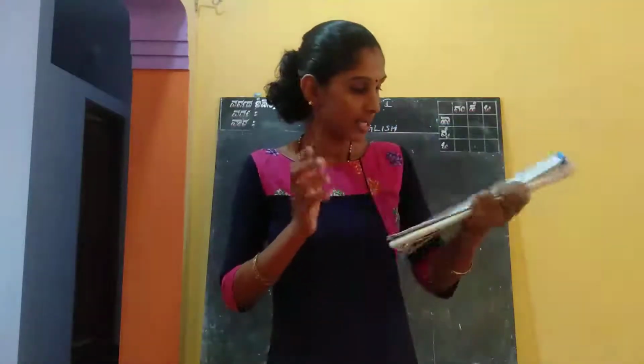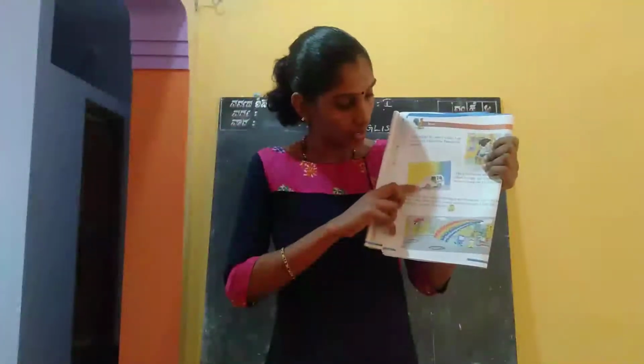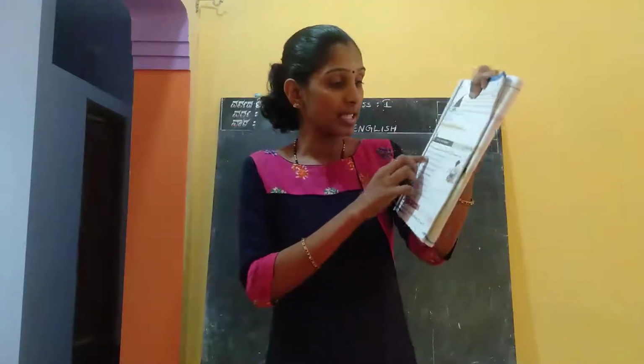Right. And in the second statement, what is that? The ice cream one is green in color. See, is this one green in color or white in color? Which color is it? It is white, right? Not blue.